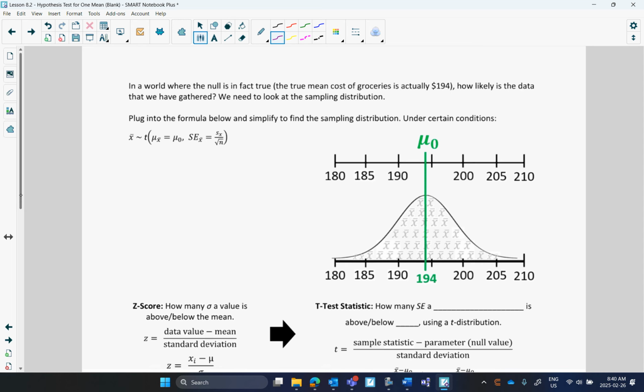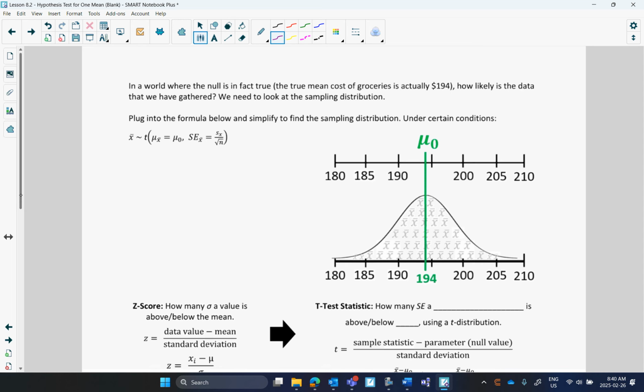So in order to set this up, remember when we did probabilities and we used a distribution? For proportions, we used a normal distribution. But for means, we learned a different distribution, a t-distribution, which looks like a normal but is usually wider, depending on the degrees of freedom.